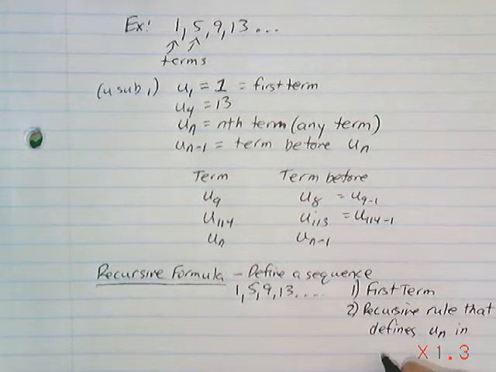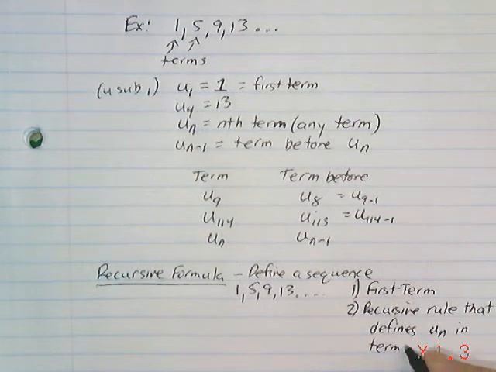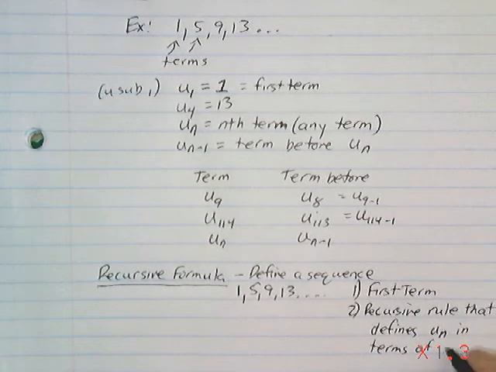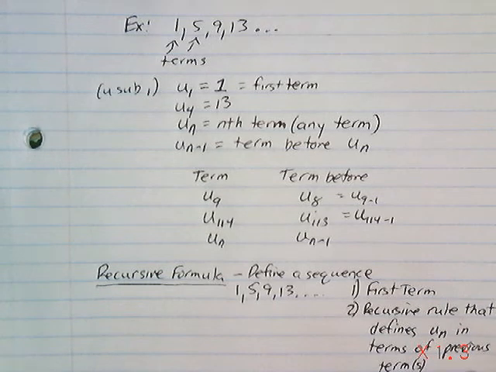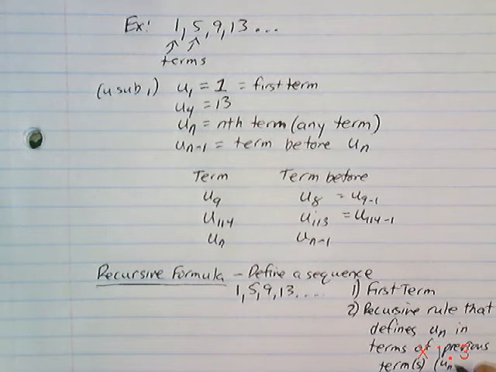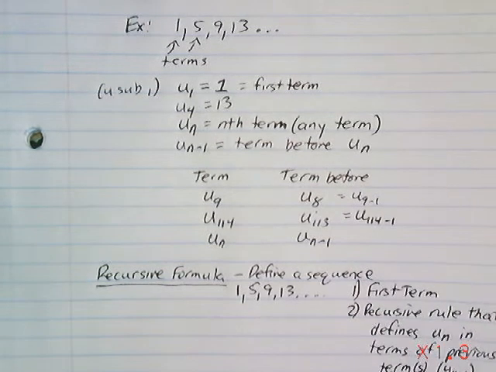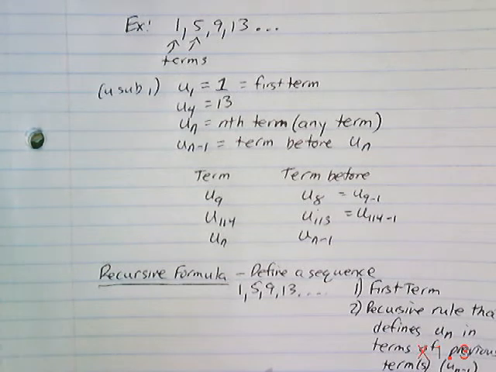Now it's very important that you have both parts of this. This describes the pattern, and this describes where to start. If we only have the 1, many kids will forget about the use of U sub 1 and think that it's not necessary, but it is. Let me show you an example of why. Let's say I have this sequence.